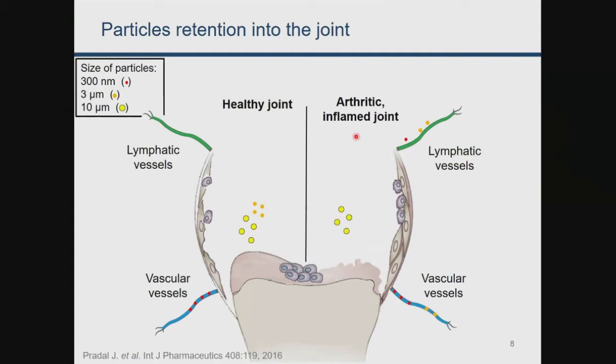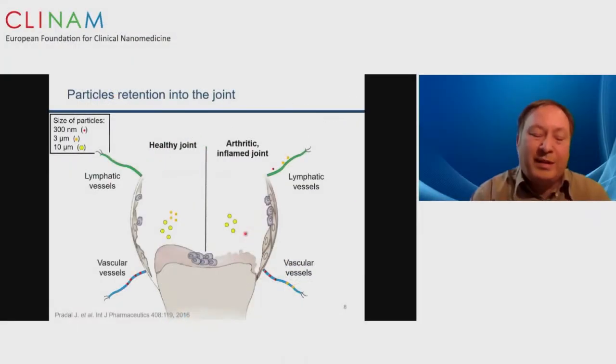We made the biodistribution at 6 weeks. The 300 nanometer particles were washed away relatively fast, whereas the 3 micron particles stayed in the healthy joint, but not in the inflamed joint, where they were transported through lymphatic circulation vessels. Only the larger 10 micron particles stayed in the pathological joint. So we selected large particles of at least 10 micron as a target size.